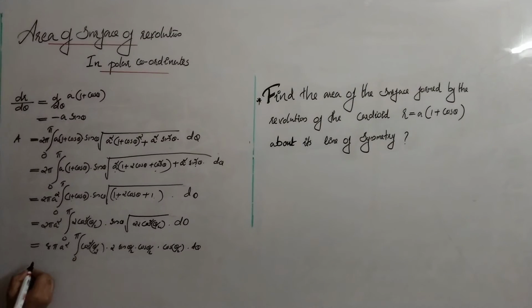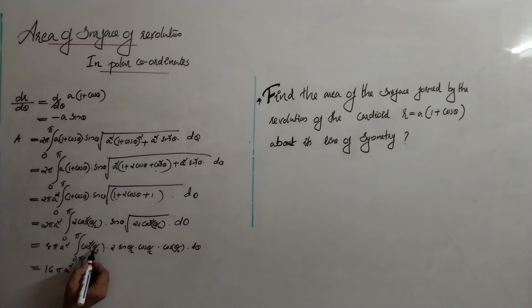Then this 2 into 8 is 16 pi a square into integral 0 to pi cos square theta by 2 into cos theta by 2 into cos theta by 2, that is cos raised to 4 theta by 2 into sin theta by 2 into d theta.